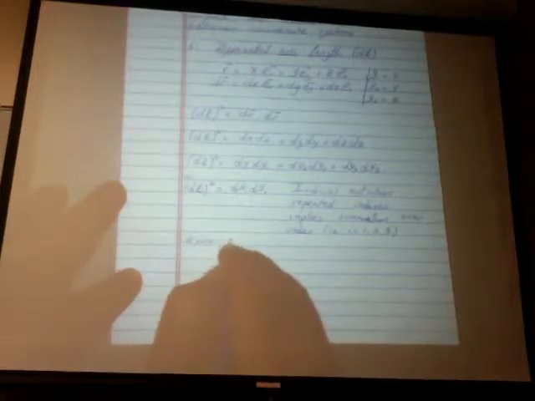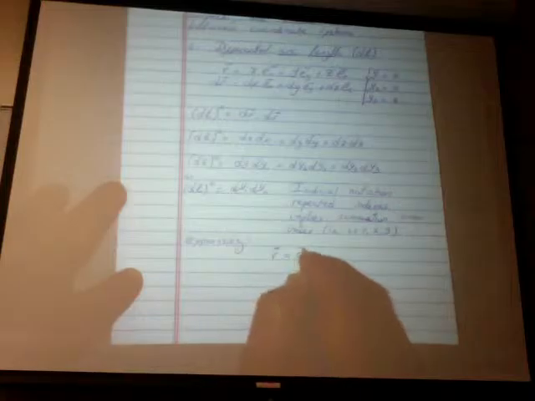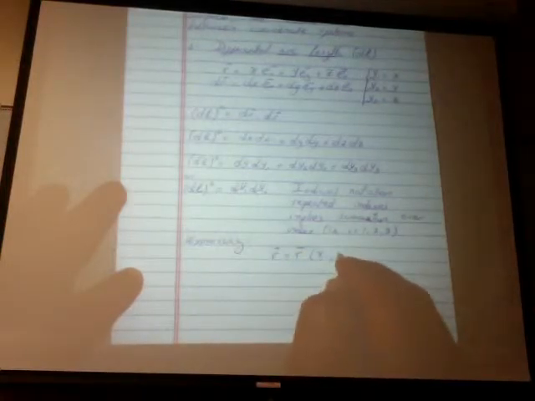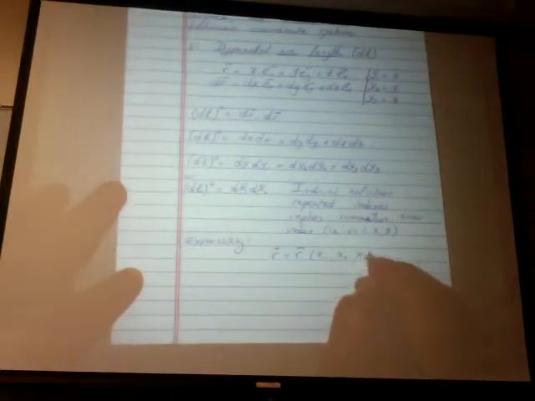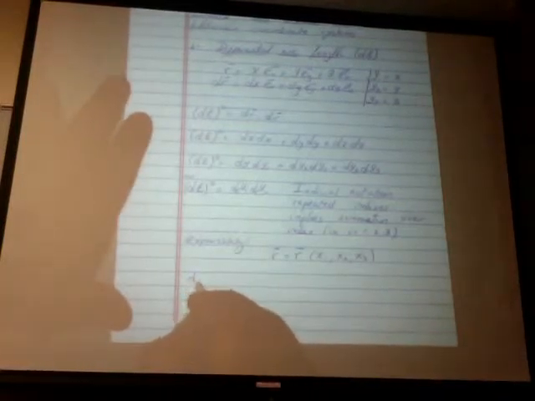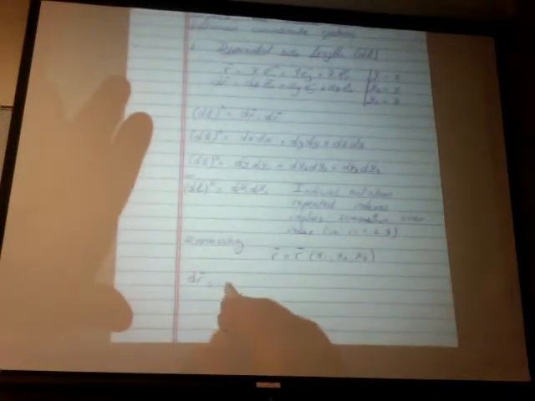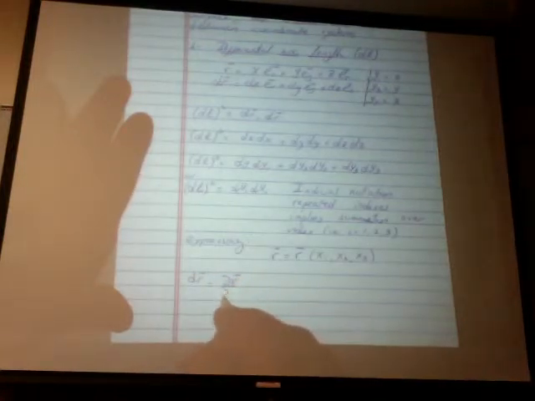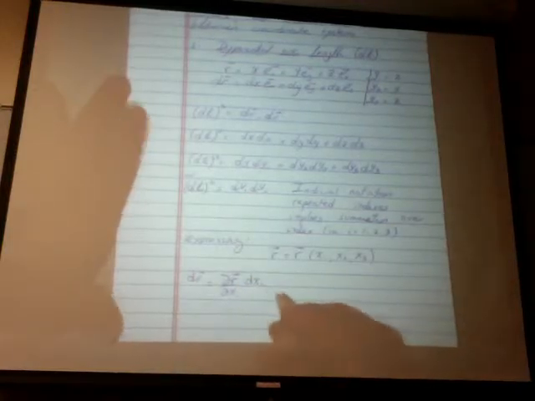Now we can express r as an r of the new system, x1, x2, x3. This is the curvilinear system. Therefore, dr will be dr dxi dxi.